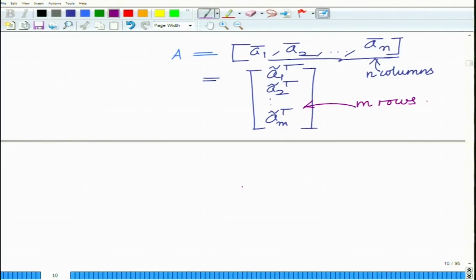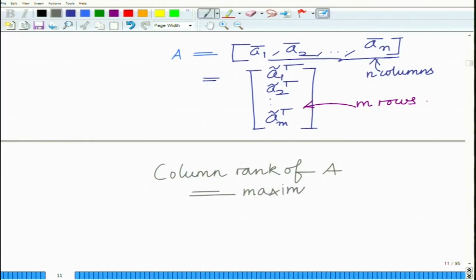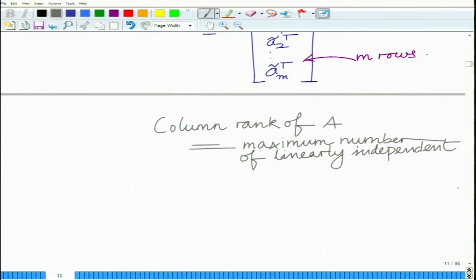And now the column rank of A equals the maximum number of linearly independent columns, that is A bar 1, A bar 2 up to A bar n. That is, the maximum number of columns that you can choose from A, such that there does not exist any linear combination which is 0.